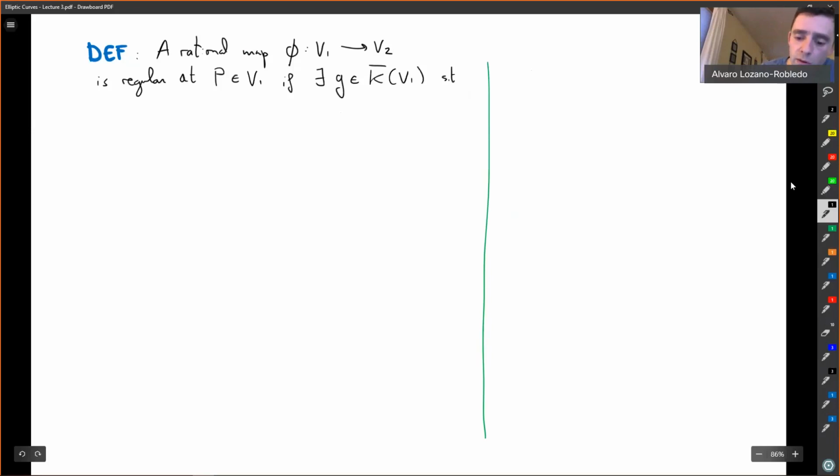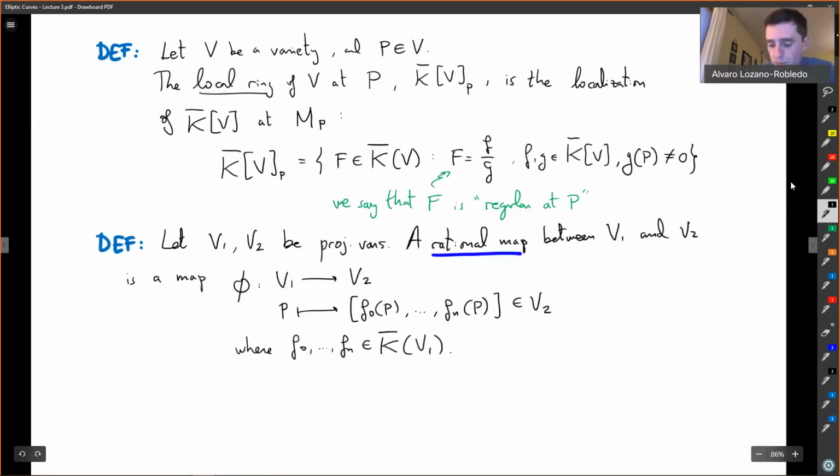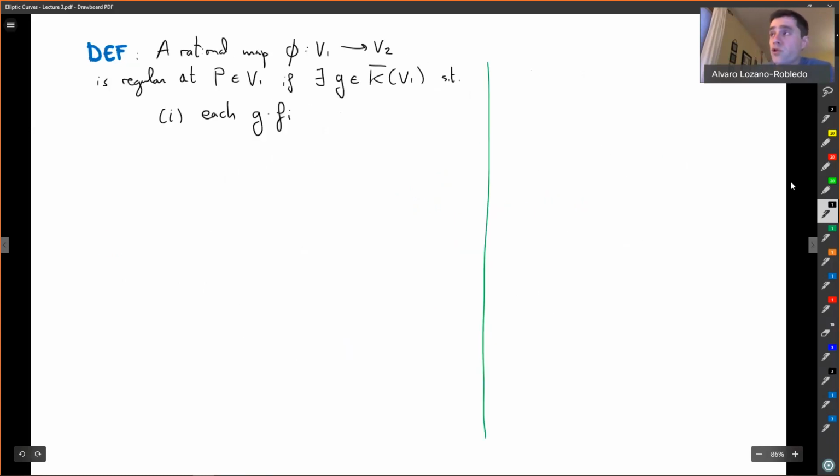well, one, each g times fi, remember the definition of phi in the previous page, so phi had several components given by rational functions, by functions in the function field f0 through fn. So g times fi is regular at P. So there is no vanishing at P in the denominator of that function.